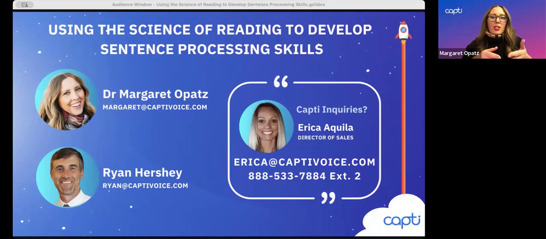That could be an indication of a sentence processing issue. If students can read at that phrasal level, we don't see a lot of issues within sentence processing. But it would be important to ensure that you are getting a diagnostic that tells you if the student is struggling with decoding or if it is more of this sentence level skill.